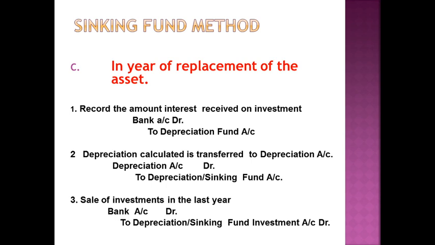In all the earlier years we have been buying investments. Now the third entry is for the sale of investment, because this is the year of replacement. The journal entry is Bank Account debit to Depreciation or Sinking Fund Investment Account.